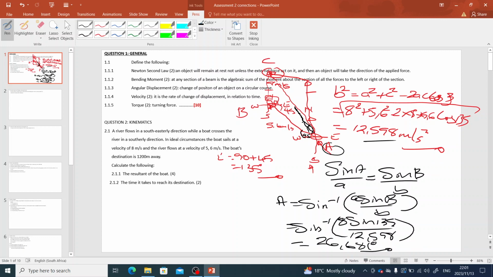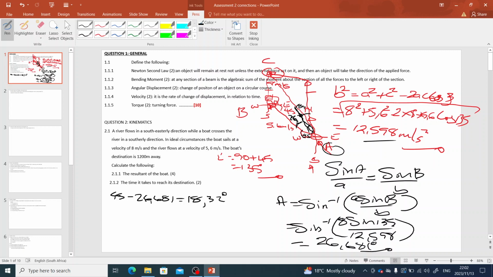That which we've managed to determine is this angle, 26.681. We then say 45 minus 26.681, then we get our answer as 18.32 degrees.